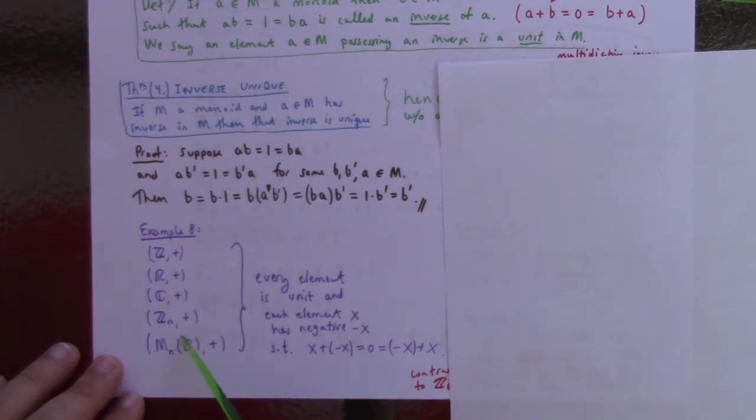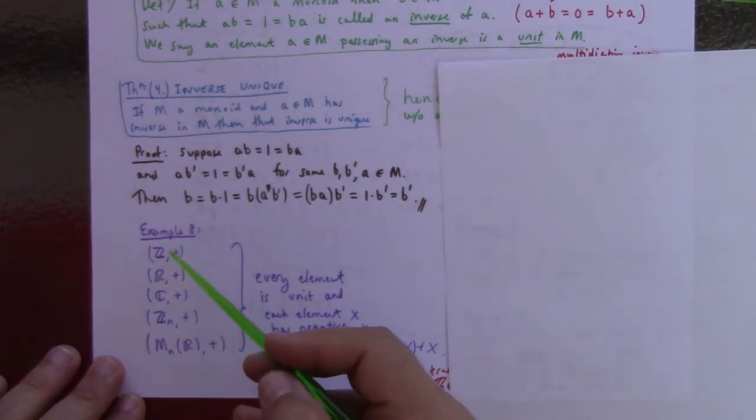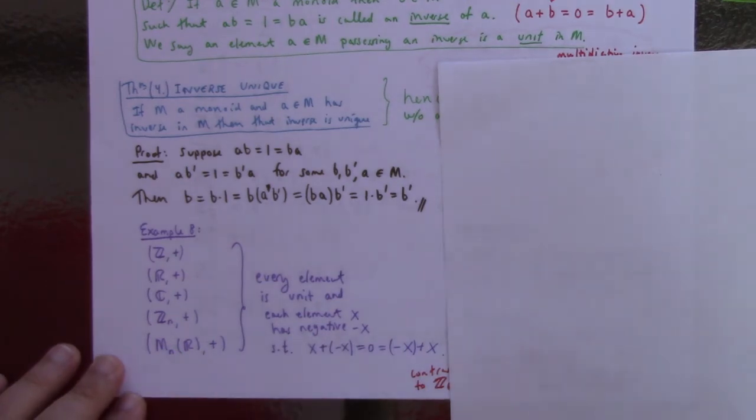Again, assuming the reals is not needed; you could let this be any of our favorite number systems, and it is still a monoid with respect to addition. Every element of these monoids is a unit, and each element has a negative, which we call minus x. So in other words, there's always an additive inverse for everything in these.